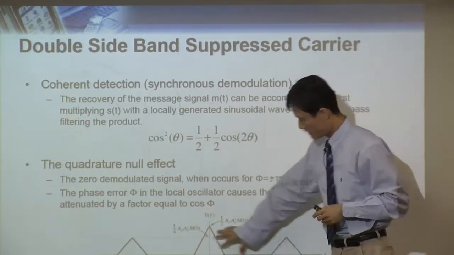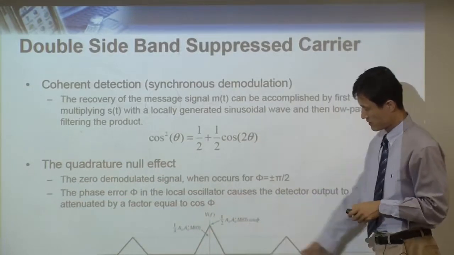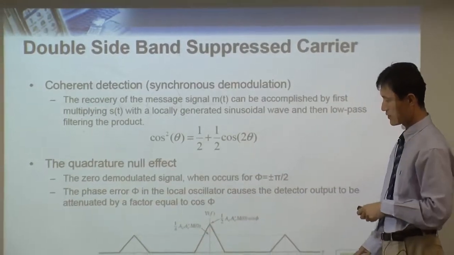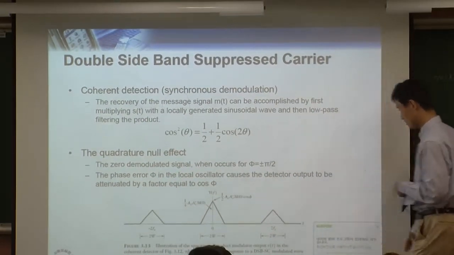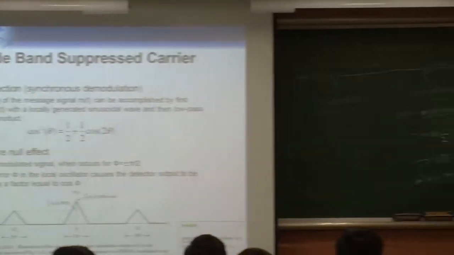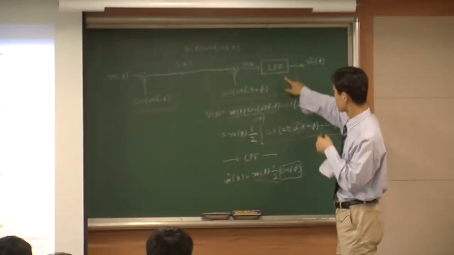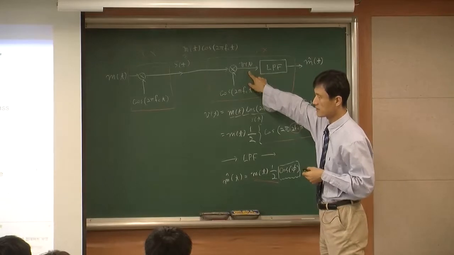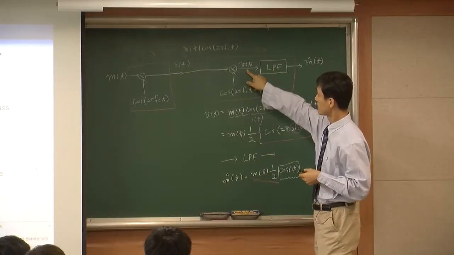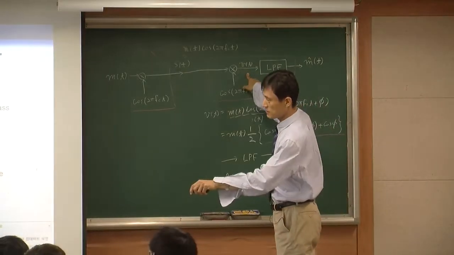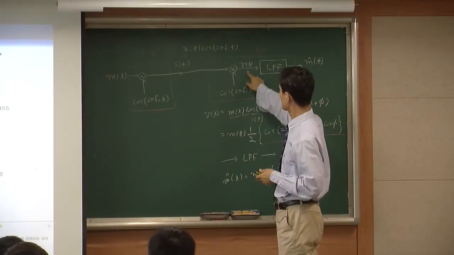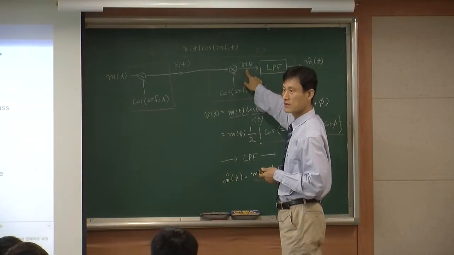Okay? And this is the frequency domain representation of your output here, right? This output, actually this one, v(t). This picture shows you the frequency domain response of this v(t).